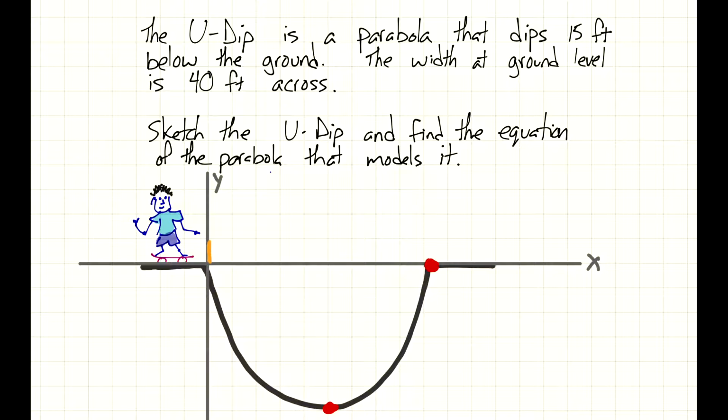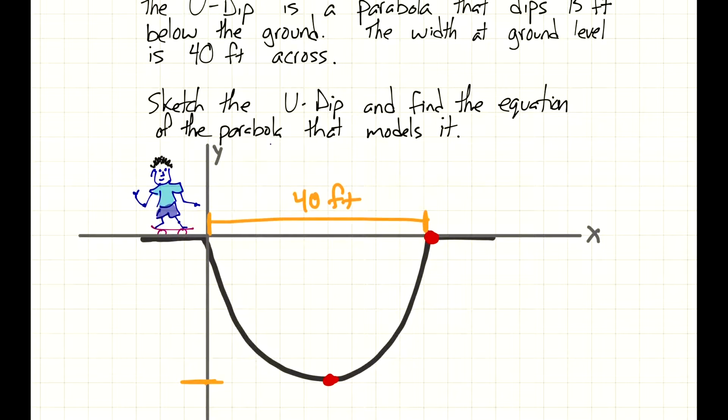From here to here is supposed to be 40 feet across, and it's supposed to go as low as 15 feet below ground. If we were using an x-axis, this would be negative 15. My question to you then is, what is the vertex?